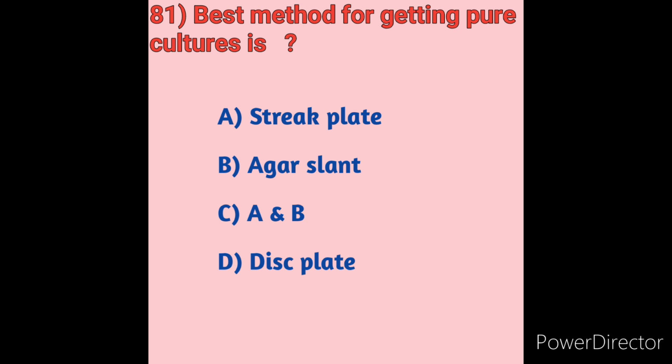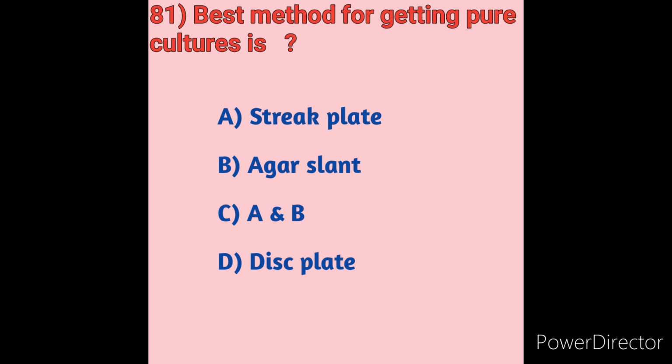The single cell will go through repeated multiplication to produce a visible colony of similar cells or clones. The pure culture techniques are streak plate method, micromanipulator method, spread plate method, and pour plate method. These 4 techniques are used for isolating pure cultures.